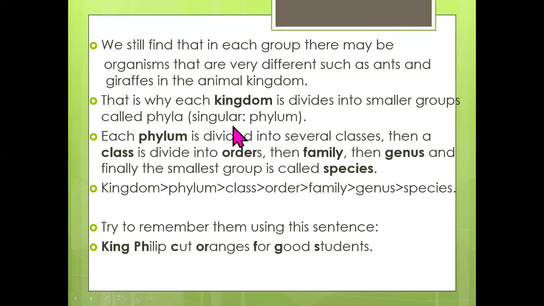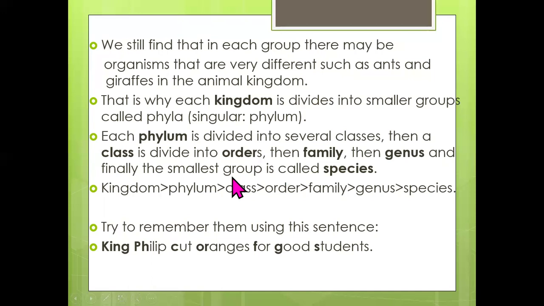So that is why each kingdom is now further divided into smaller groups that are called phyla. That is the plural form, or phylum, which is the singular form, to make it easier for understanding and for studying. Also, each phylum is further subdivided into several classes.